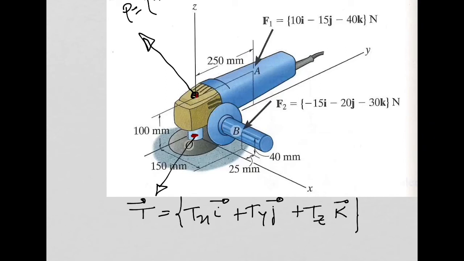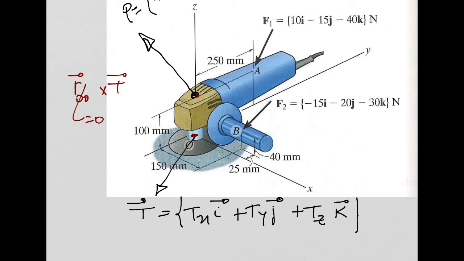So the moment produced by T about point O needs to be equal to a position vector connecting, in this case, point O with point O, which is 0, times force T. That will give you the moment, right? Because the position vector is 0, it means the moment produced by T about point O is going to be 0.